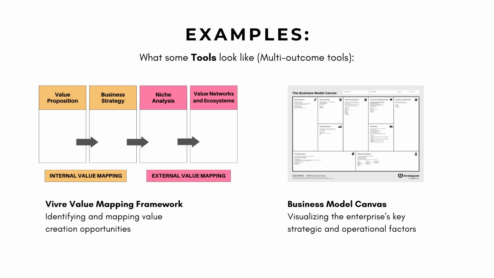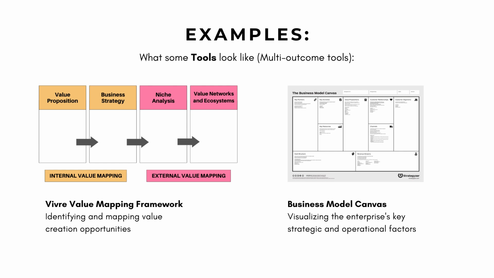Another example of a multi-outcome tool might be the business model canvas, where you are getting multiple insights or multiple bits of information from the entire canvas as a whole, or you might choose to have insights drawn from specific sectors, particularly if you're looking to either improve on those specific sectors or to strategize as it relates to specific sectors.